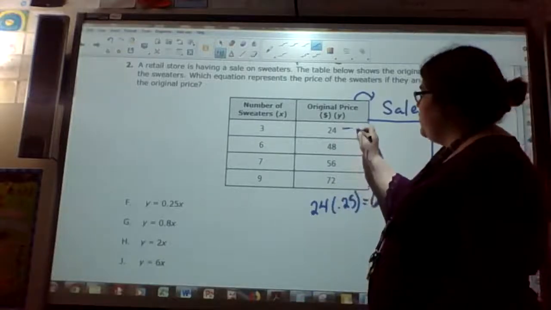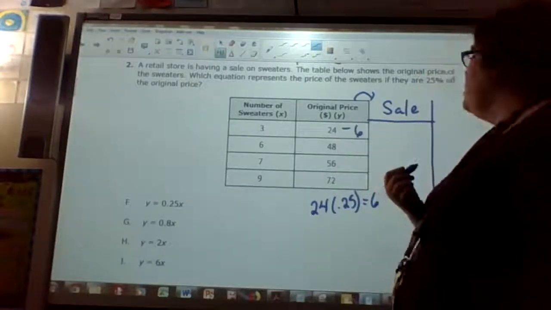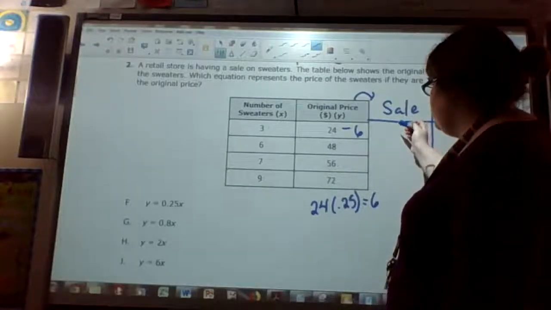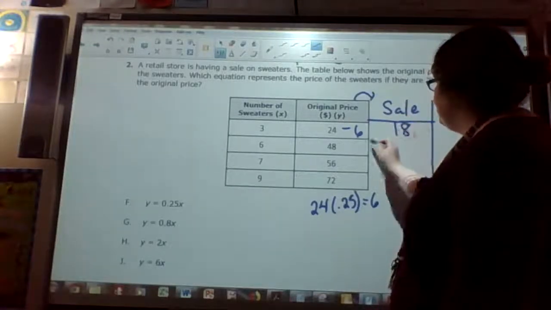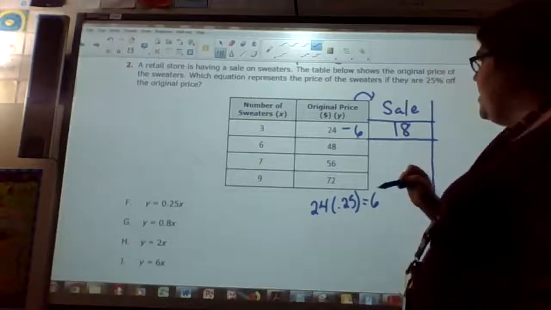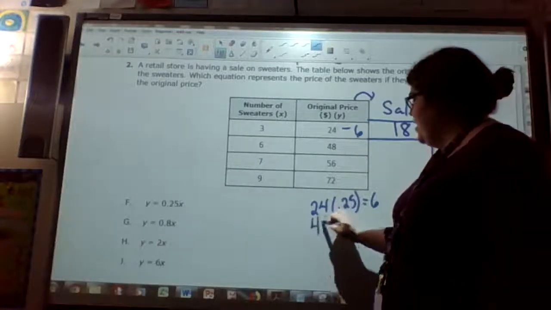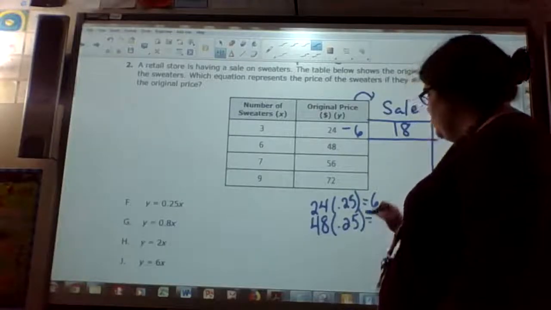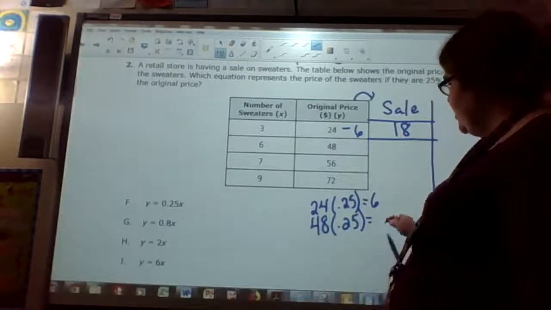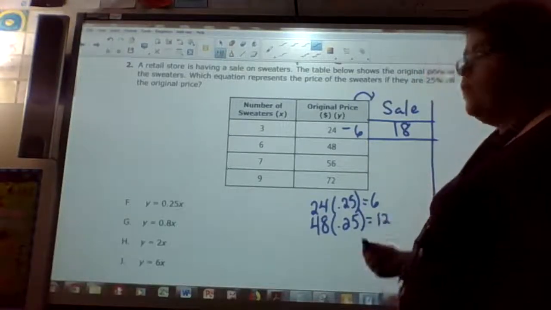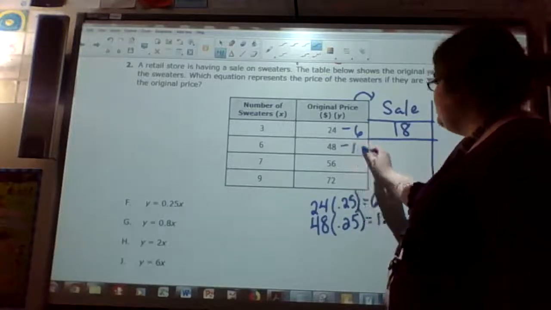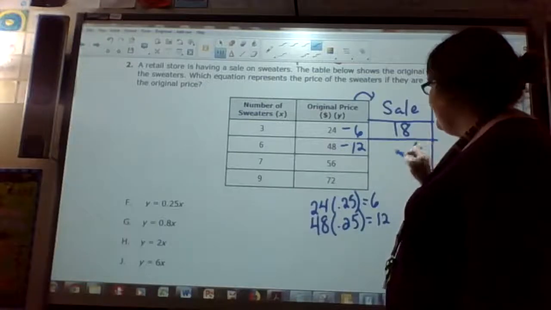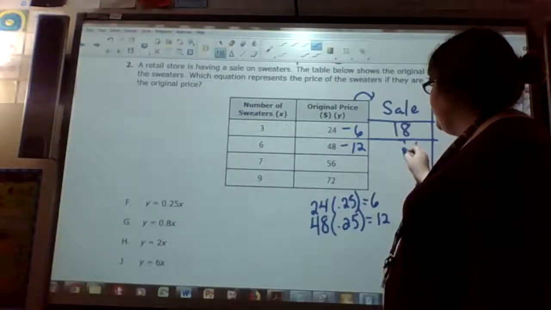So 24 minus 6 is 18. And then I do the same thing, 48 times 0.25, which would be $12 off. So 48 minus 12 is going to be 36.